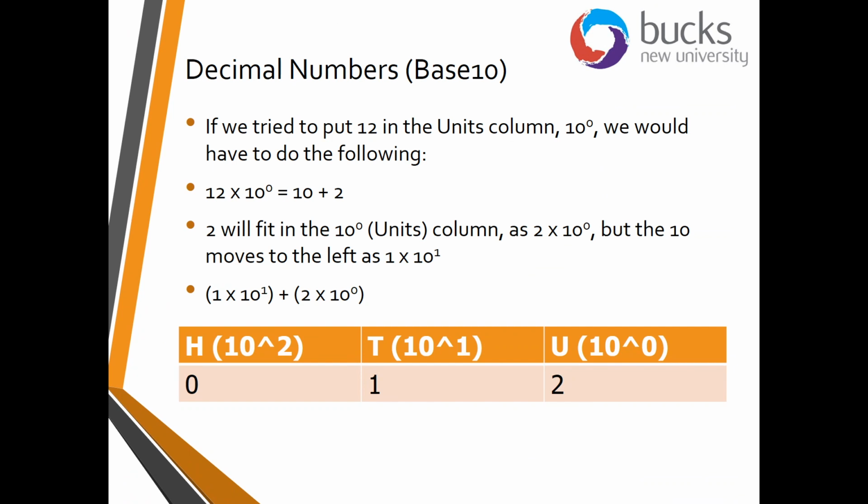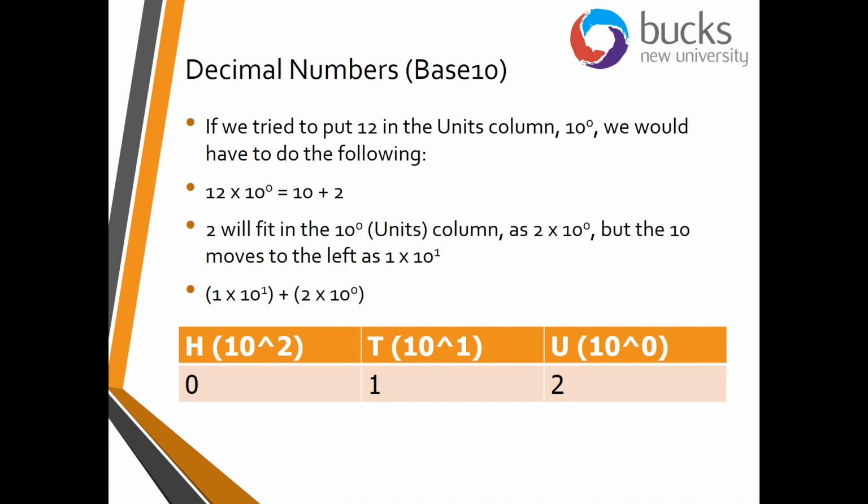If we tried to put 12 in the units column, 10 to the 0, we would have to do the following. We would have to do 12 times 10 to the 0, which would be 10 plus 2. 2 will fit in the 10 to the 0 column, the units column, as 2 times 10 to the 0.